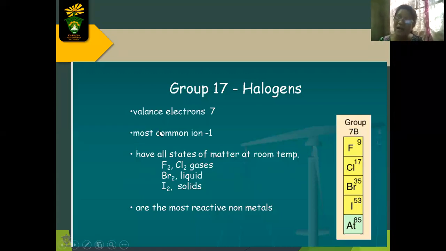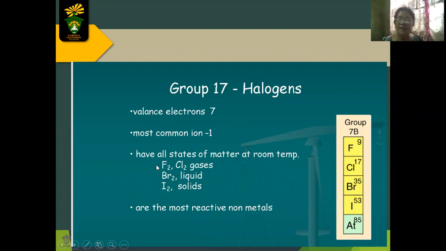Can you still remember? It will only be stable when it has its octet configuration, meaning 8 electrons. So it needs 1. In group 1, it will donate 1 electron to make it 8. Its counterpart that reacts easily is group 1A. Okay, 7 plus 1, 8.